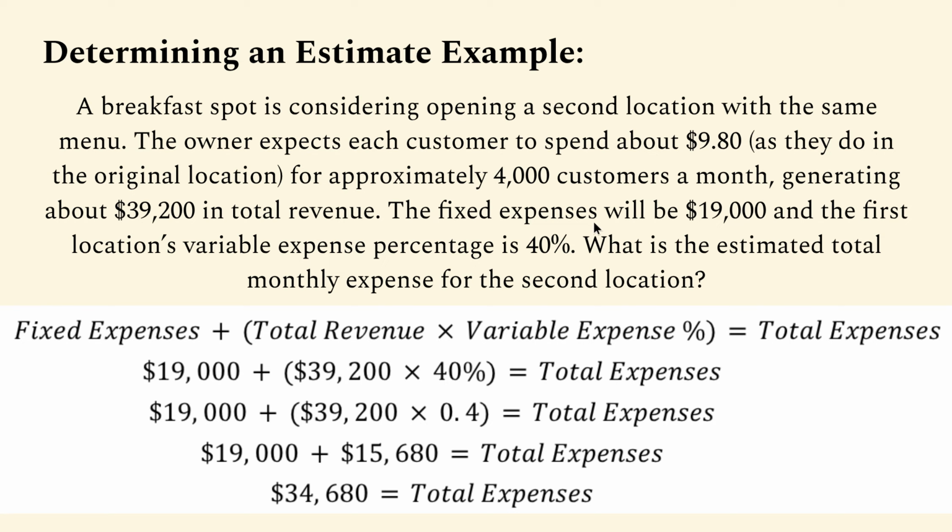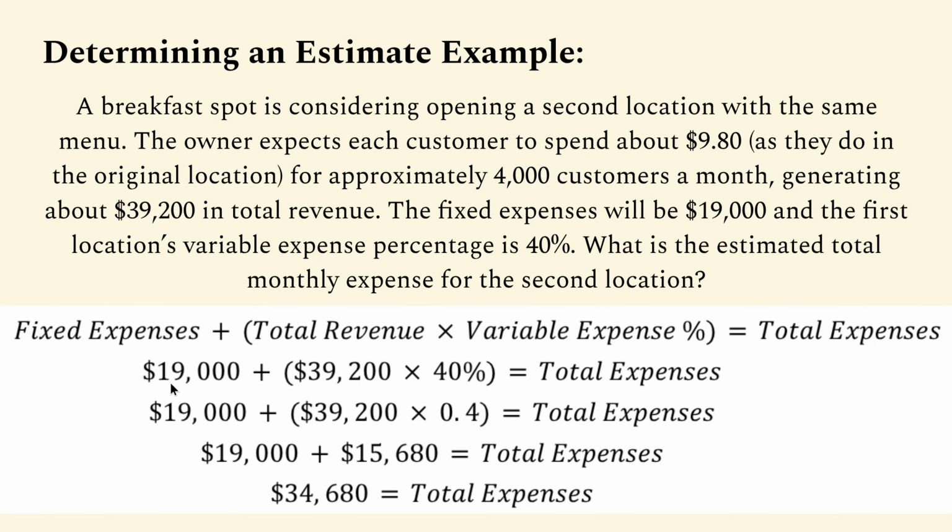The fixed expenses for this new restaurant will be $19,000, and the first location's variable expense percentage is 40%. What is the estimated total monthly expense for the new location? So again, our formula here is fixed expenses plus, first we have to find total revenue multiplied by that variable expense percentage, and that's going to give us our total expense cost.